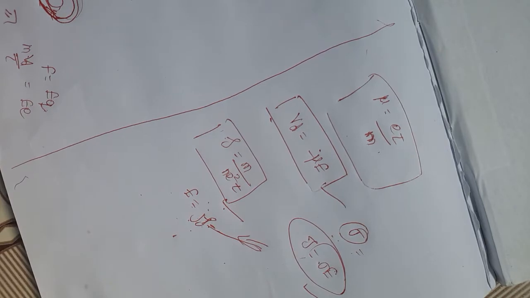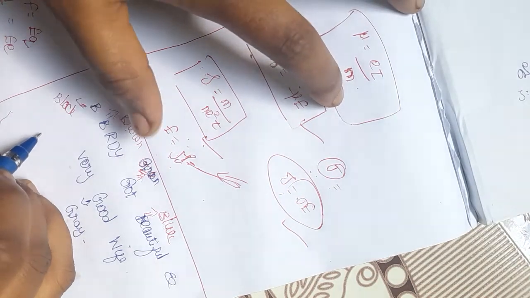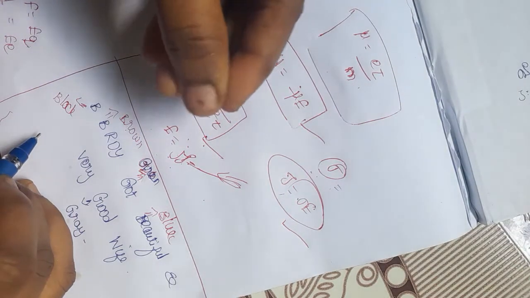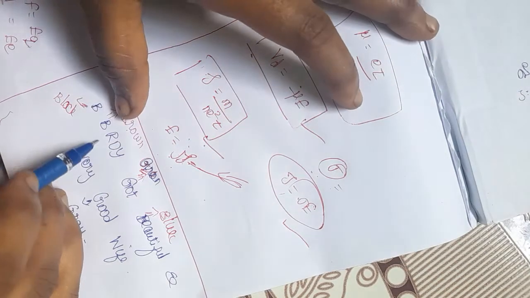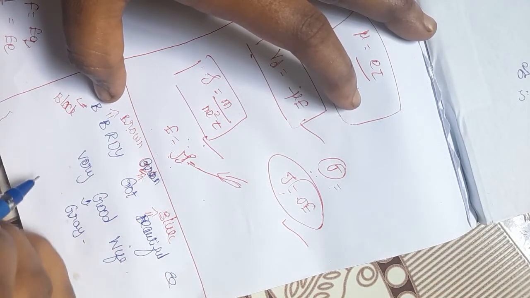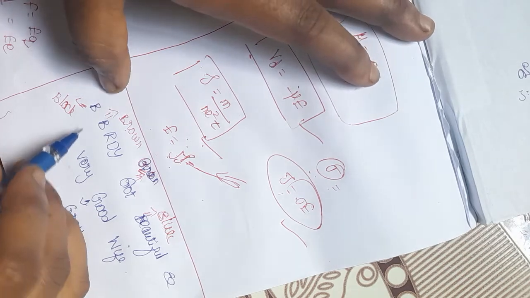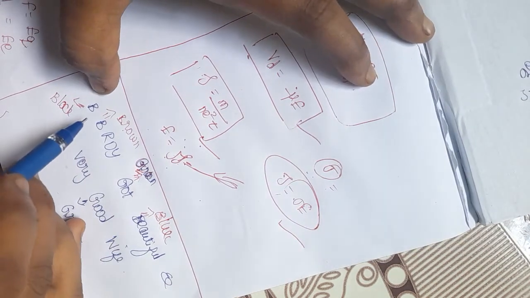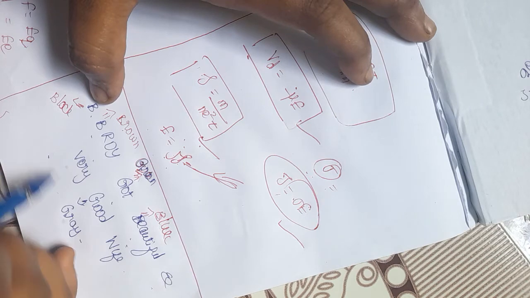There is one trick for the color code. They will give you the color code in color code resistance, and ask you to determine how much resistance they have. For this I have one trick, that is BB Roy got beautiful and very good wife.